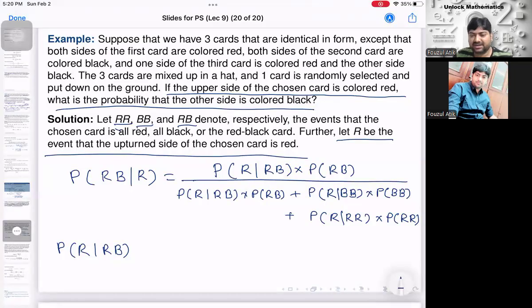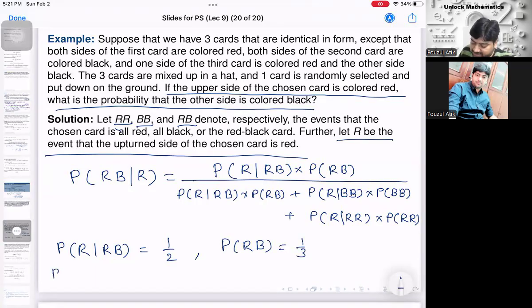Then what is the probability that you will get the red side? It should be 1 by 2, because you have only two choices. What is the probability of selecting this RB card? You have three cards, so it is 1 by 3. So the first part is done.